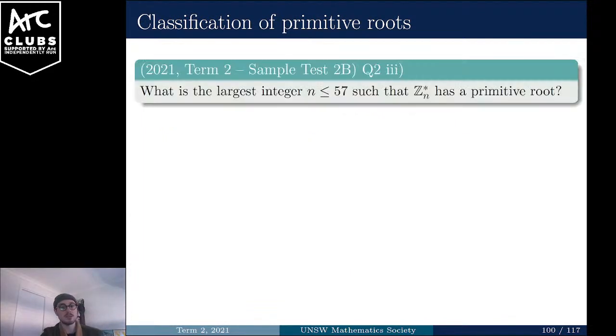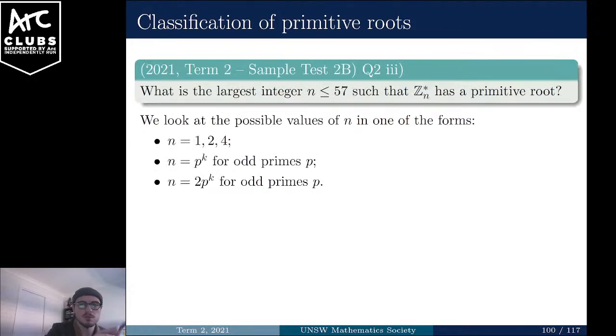So we're going to use this example here. What is the largest integer n less than or equal to 57 such that Z star n has a primitive root? Cool. Okay, so let's work through each of these groups. I think they come up on this slide. Yeah, great. It says here, we look at the possible values of n in one of the forms.